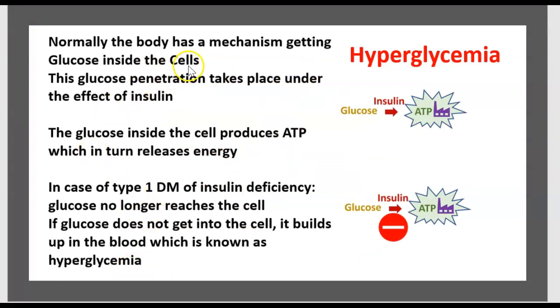Normally, the body has a mechanism for getting glucose inside the cell. This glucose penetration takes place under the effect of insulin. The glucose inside the cell produces ATP, which in turn releases energy.